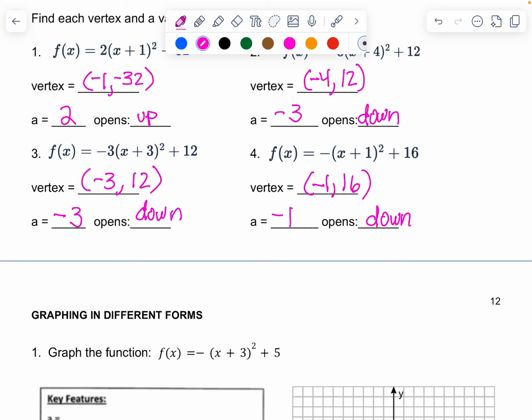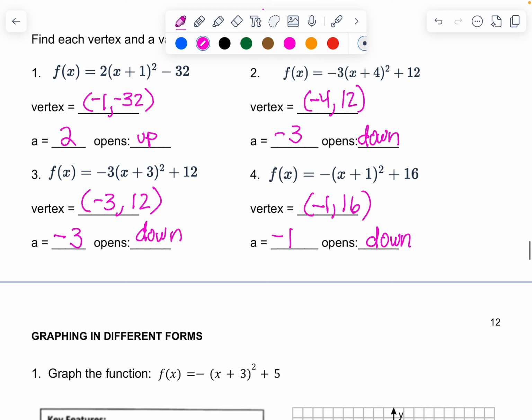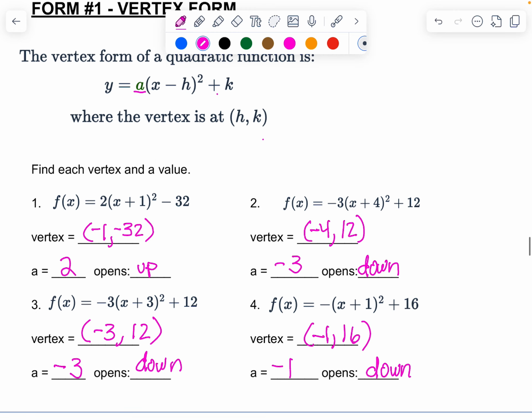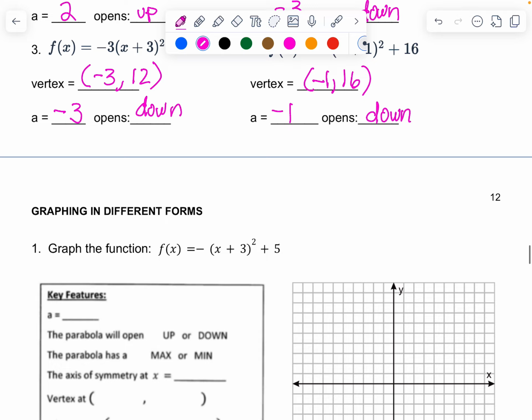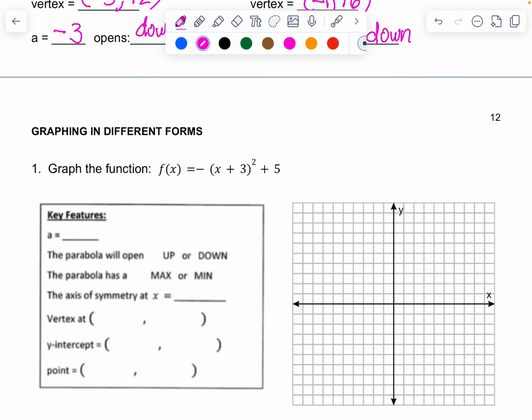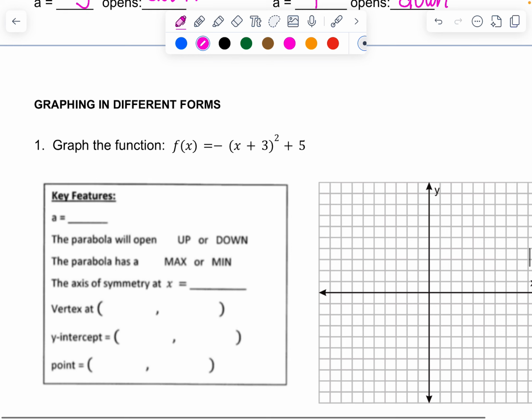Okay, so this form that we just worked with the parabolas or the quadratics in is called vertex form, okay? And it's called vertex form because you can easily see the vertex. So let's just do number 1 and talk about graphing in vertex form, which you've already done.